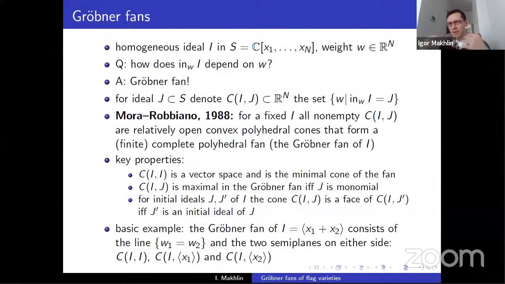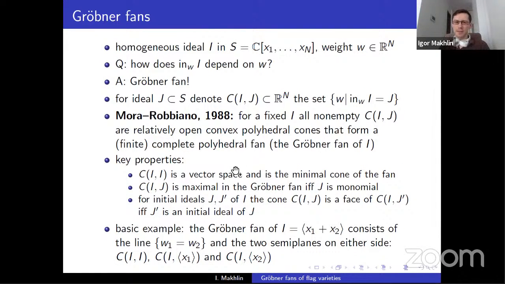When you think about a conventional polyhedral fan, you always think that the minimal cone is a point, the vertex of all the other cones. But this is usually not the case here.